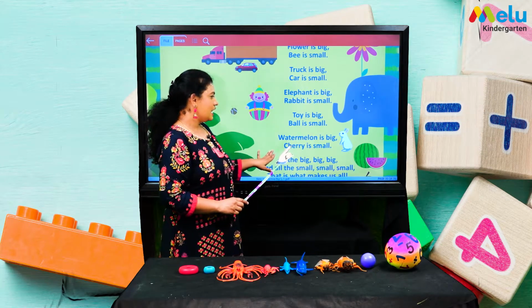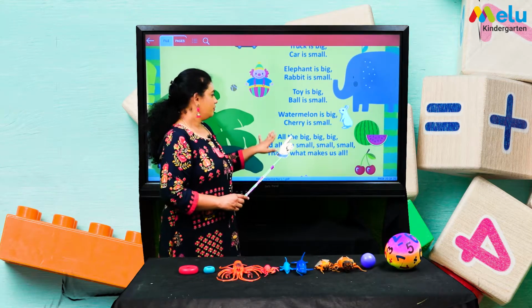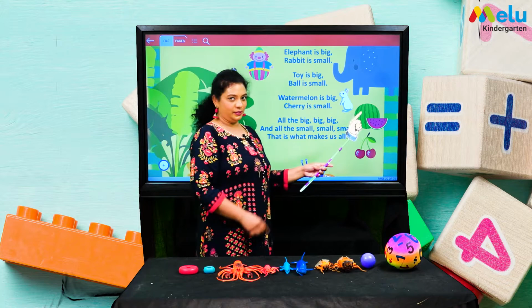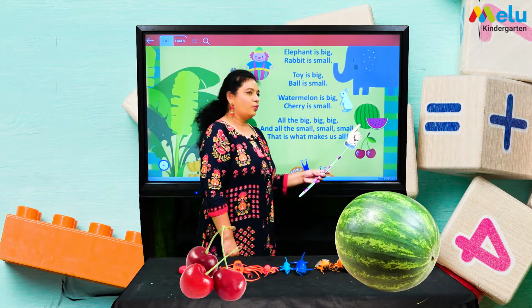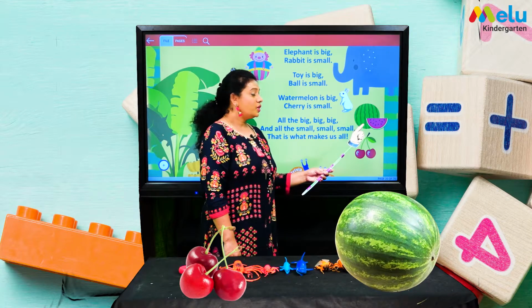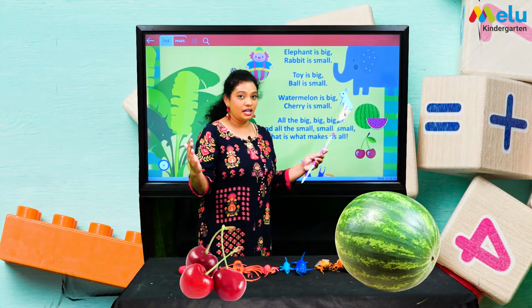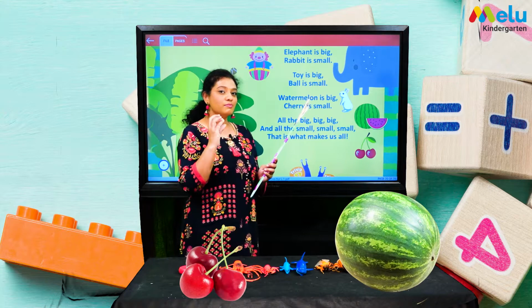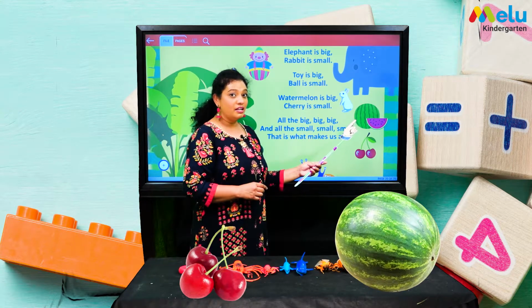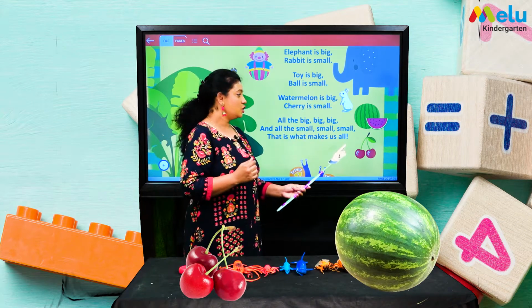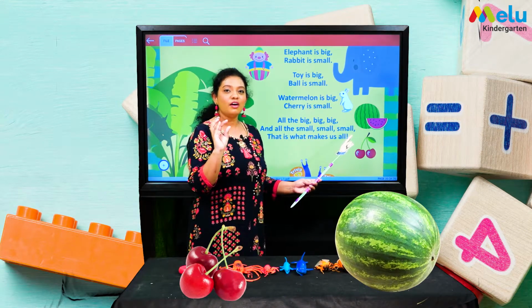Now we'll see the last example. We have two fruits here, watermelon and cherries. You have to tell me which fruit is big in size and which fruit is small in size. Right, you can see melon is big and cherry is small.